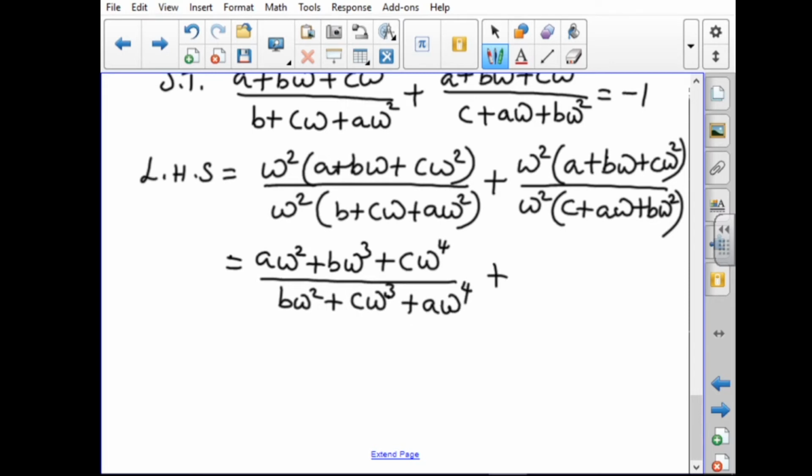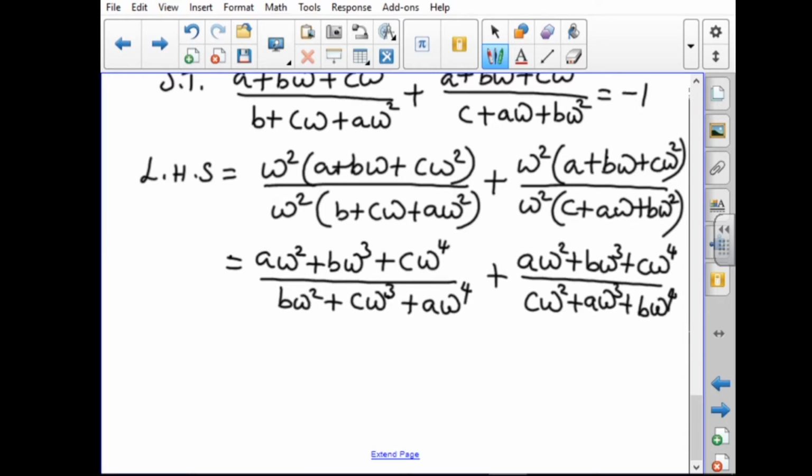Here plus (a omega square + b omega cube + c omega power 4) divided by (c omega square + a omega cube + b omega power 4). So now we are going to change omega cube is equal to 1 and omega power 4 is equal to omega. Since omega power 4 can be written as omega cube into omega, so your answer will be omega.